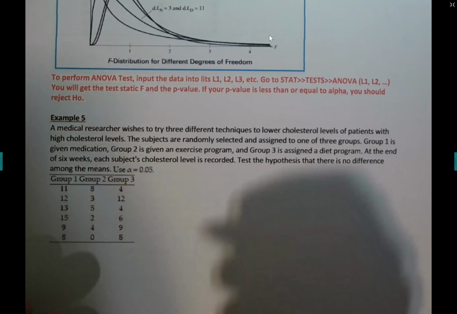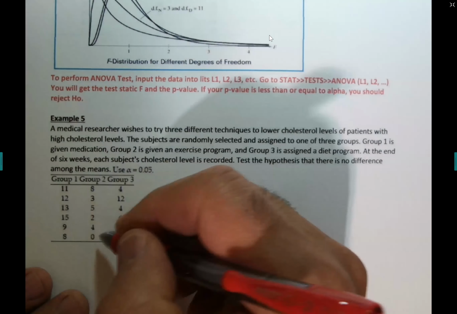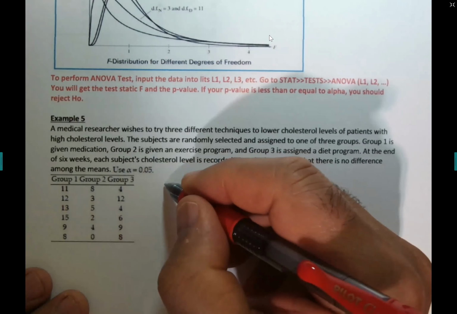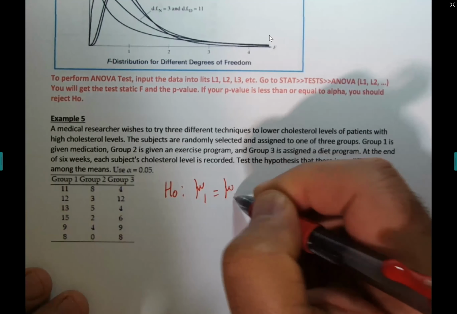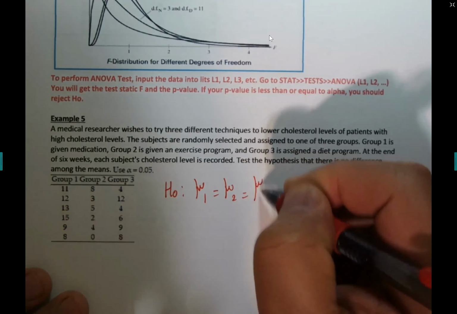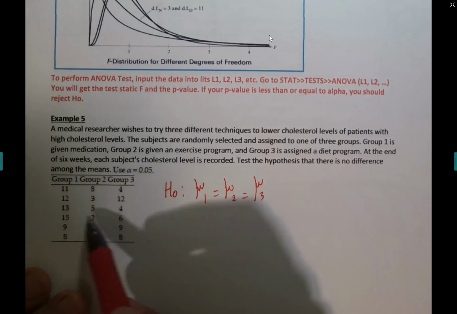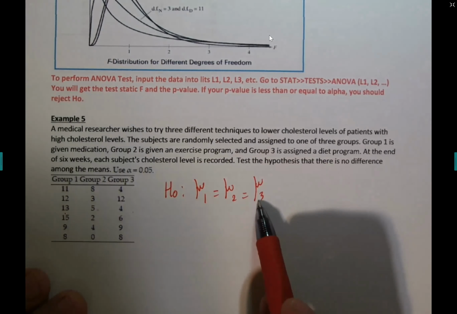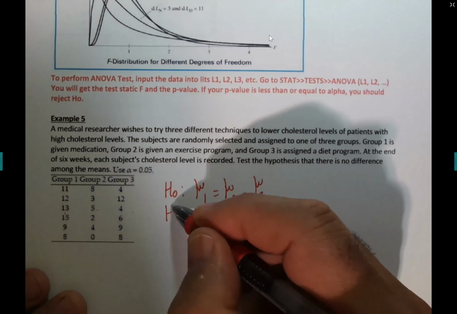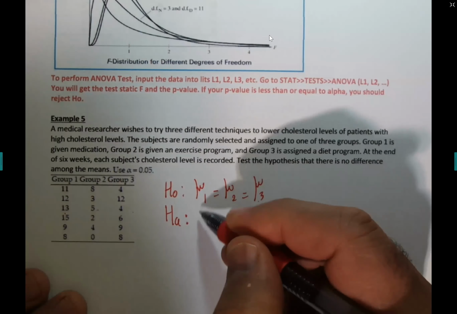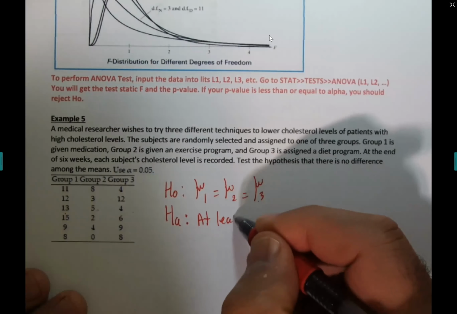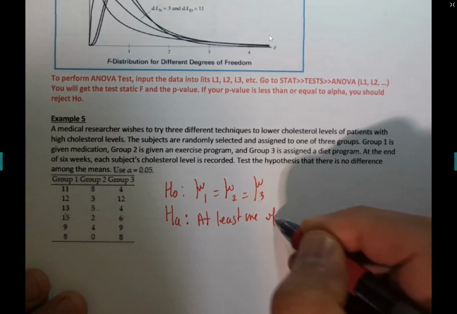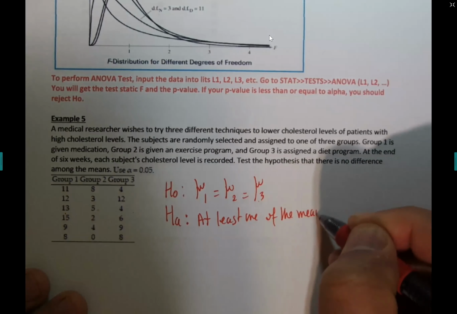Okay, you start. When you see 3 groups, guys, you know this is an ANOVA test. You start with H0: mu1 equals mu2 equals mu3. I'm not going to go further because I have 1, 2, 3, so I stop at 3. Does anyone still remember what HA was, guys? It's the exact statement that I showed you: at least one of the means is different from the others.